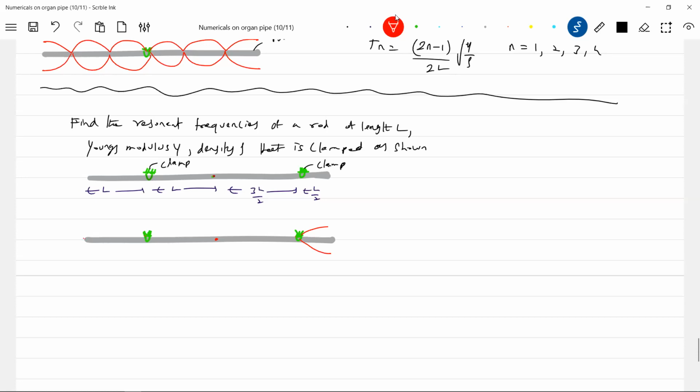Okay, we'll try our level. So here I'm putting node and antinode. In a L by 2, if I get half loop, in a length L, how much I should get? I should get a full loop and the free end must be antinode. We know it. So is it possible? Will you justify this?